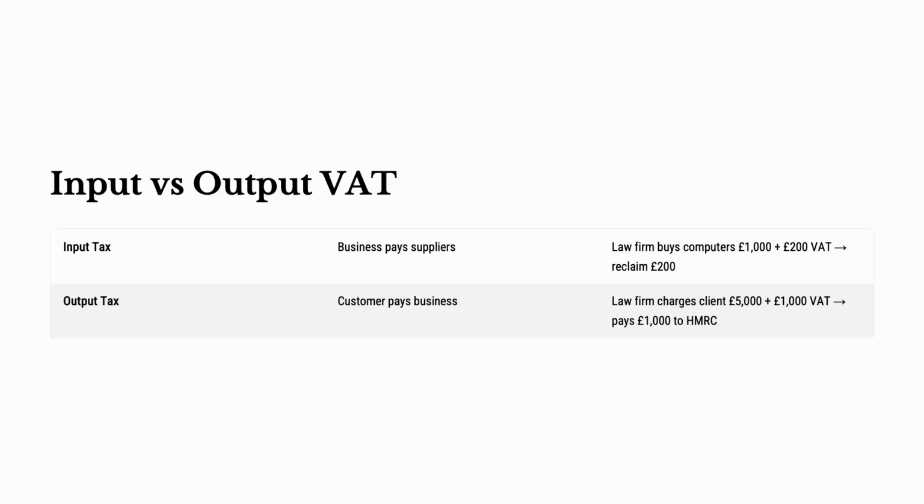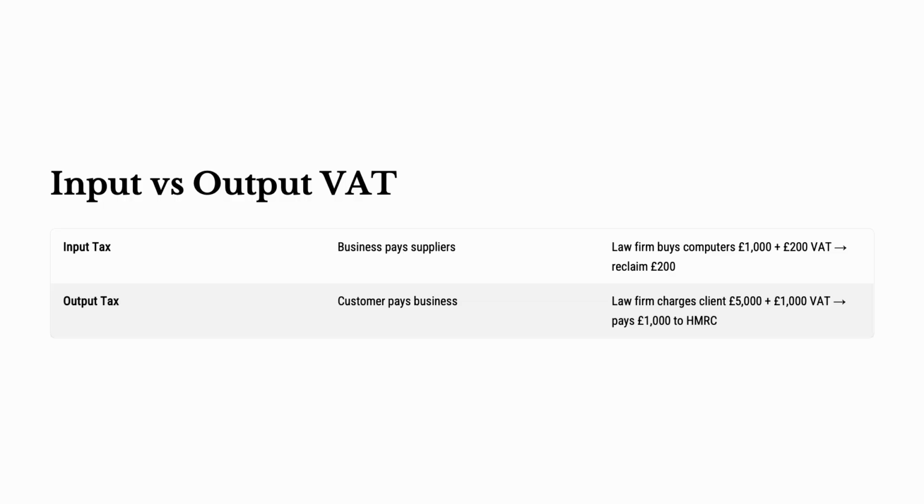Now, here is how it works. VAT registered businesses collect output VAT from the customer and pay input VAT to suppliers. But they don't pay both amounts to HMRC. Instead, they offset them. If you have collected £1,000 output VAT and paid £200 input VAT, you only pay the difference, and that is £800 to HMRC.